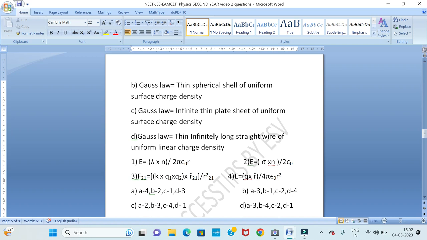Here I have not taken pi r. Next, the sphere: E is equal to q into r bar by 4 pi epsilon 0 r squared. Thin infinitely means sum, 2 plus 2, 4. I am taking pi and epsilon r squared extra. Only thin means r, thin infinitely means r squared. Like that you have to remember.